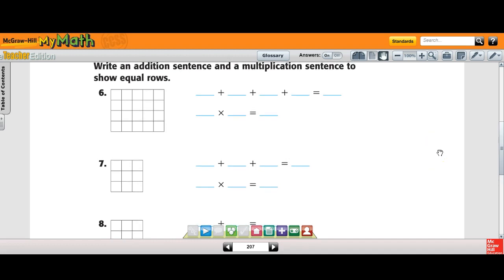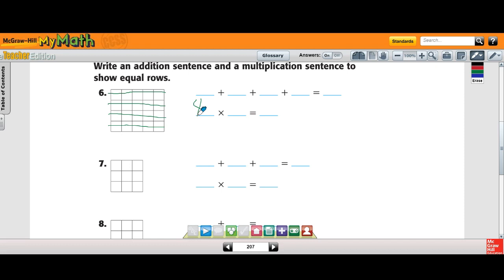See, now number 6 and 7 and 8, they were very nice of you for them to actually already do the arrays for you, right? So I'm going to start with my multiplication sentence. Okay. How many rows do I have for number 6? 1, 2, 3, 4. 4 rows.